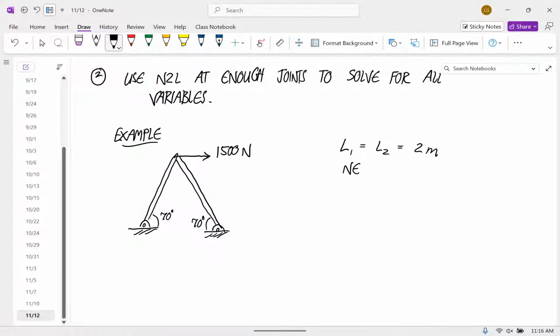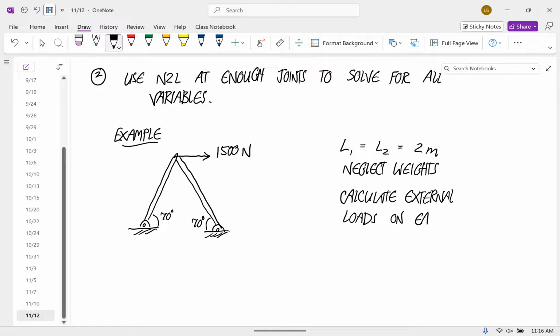We're going to neglect the weights, and we're going to calculate the external loads on each member.